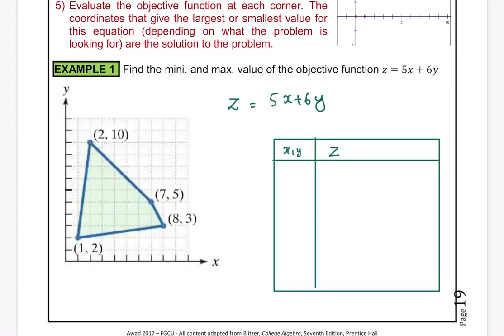So here's my x comma y. Here's my z value, which is 5x plus 6y.